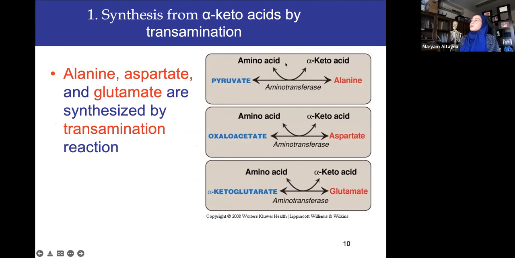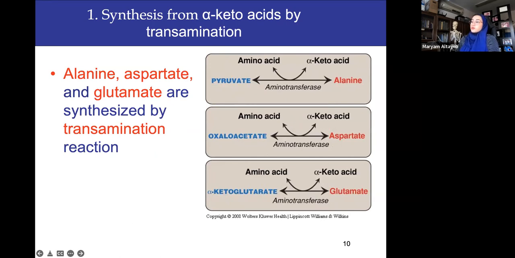So for example, you transfer an amino group to form an alpha keto acid, and your end product. So pyruvate can be converted into alanine by an aminotransferase enzyme. Oxaloacetate can be converted into aspartate, and so these require an alpha ketoacid. And then you can have alpha ketoglutarate converted into glutamate. And do you guys remember where you can see this?